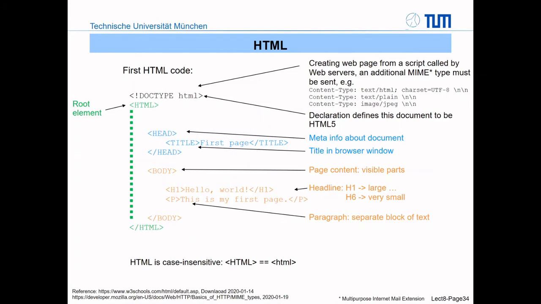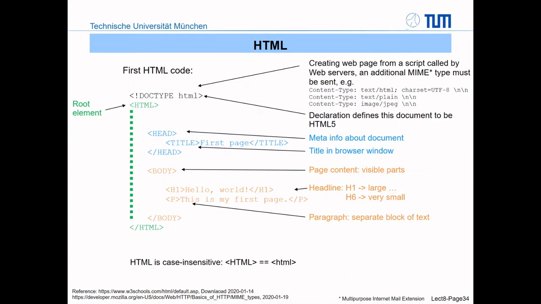You can also set special UTF codes so that you're not fixed to ASCII. You can define a type plain text or image, so that the browser knows how the following processing will be done. So if you create a dynamic web page with a script, you have to define additionally this MIME type.